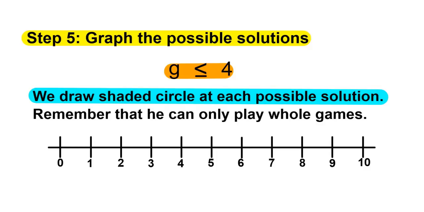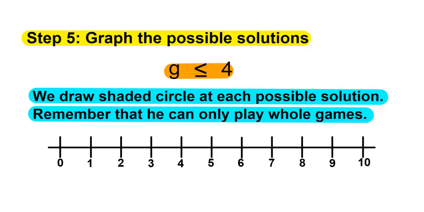Remember that he can only play whole games. So G can equal 4, so we'll start there. G can also be less than 4, but they have to be whole games, so G can be 3, G can be 2, G can be 1, or G can be 0.